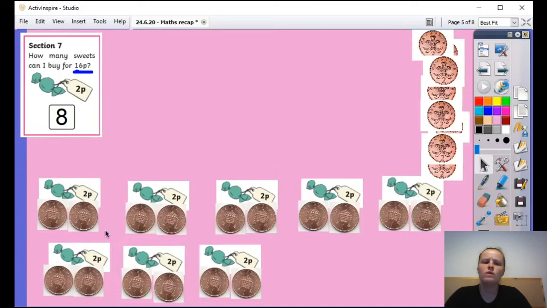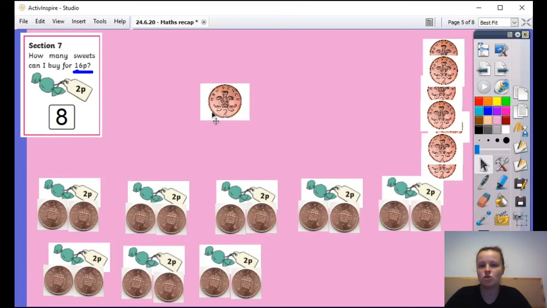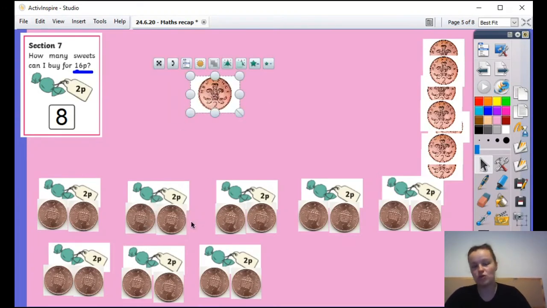Now, we used pennies. Are there any other coins that we could have used instead? Because each sweet was 2p. Hopefully you would have noticed that we could have used a 2p coin. So this 2p coin is the same as those two pennies.